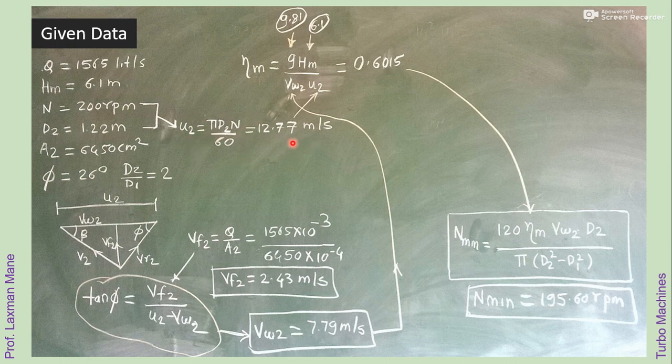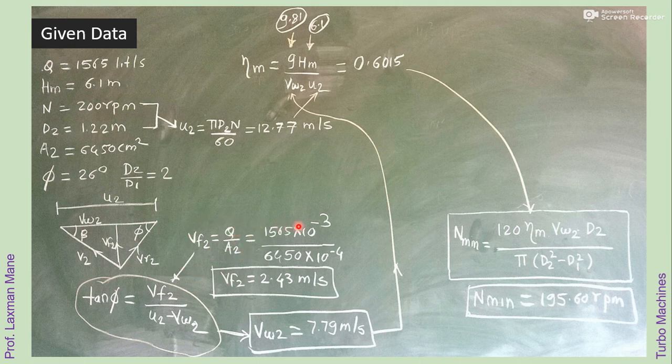So this we find u2. Then by using velocity triangle diagram, we use Vf2 is equal to Q upon A2. We know that discharge is equal to area A2 into Vf2. So from that we write this relation.